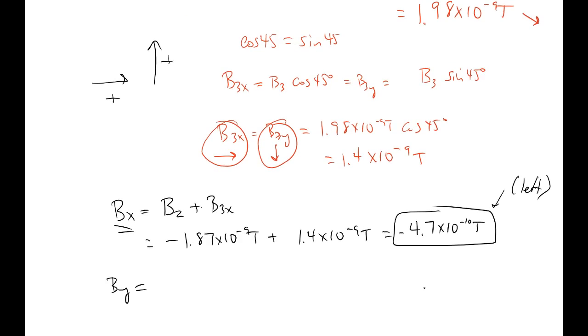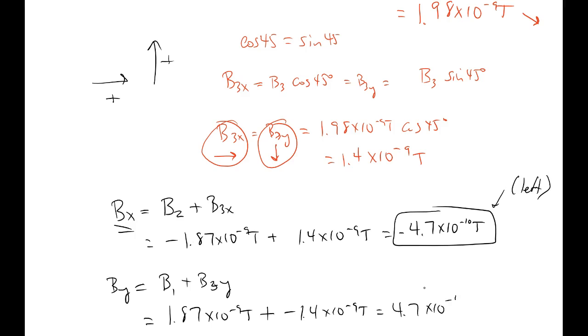Now, B in the y direction would be B1, which points up, plus B3y, which points down. B1 would be 1.87 times 10 to the negative 9th Teslas, plus a negative 1.4 times 10 to the negative 9th Teslas. So 1.87 times 10 to the negative 9th minus 1.4 times 10 to the negative 9th, I get 4.7 times 10 to the negative 10th Teslas.